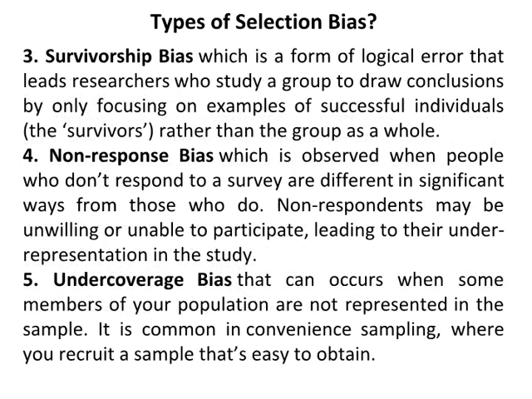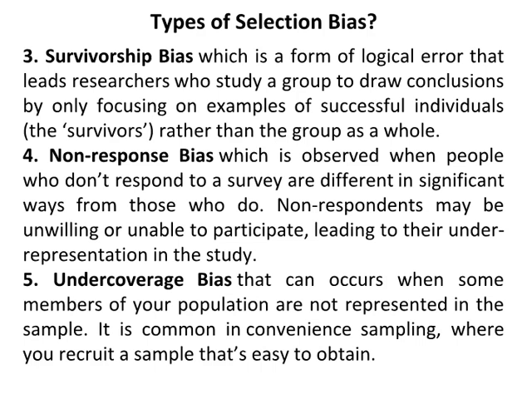Number three types of selection bias is survivorship bias, which is a form of logical error that leads researchers who study a group to draw conclusions by only focusing on examples of successful individuals, the survivors, rather than the group as a whole. Number four types of selection bias is non-response bias, which is observed when people who don't respond to a survey are different in significant ways from those who do.